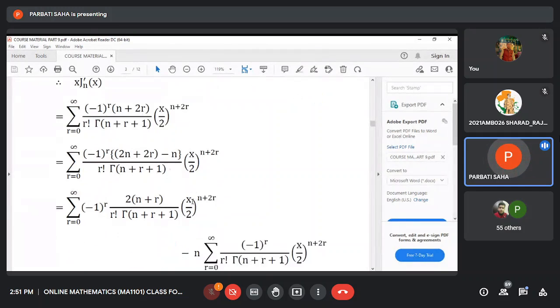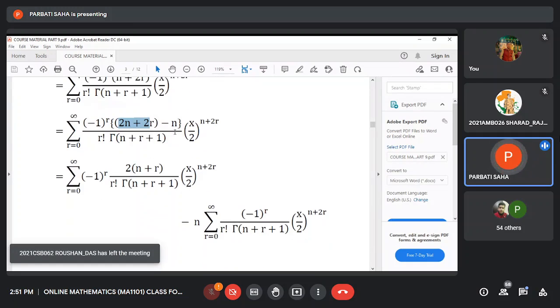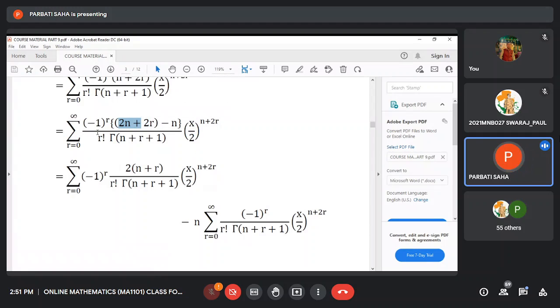Now if we take common 2 from this factor, 2(n+r), we can break this sum into two sums like this: the first containing this n+2r, and the other with minus n.